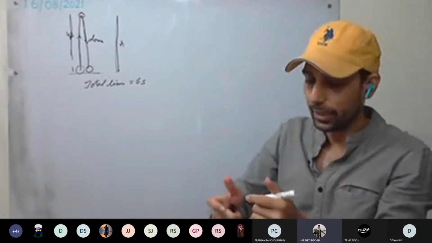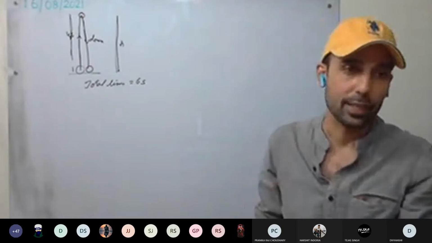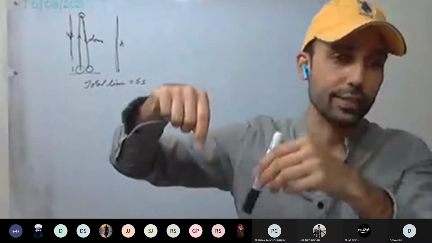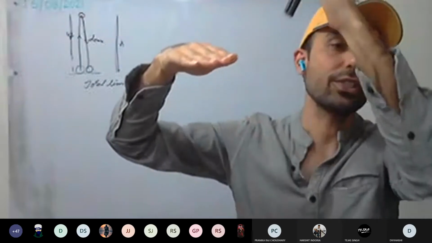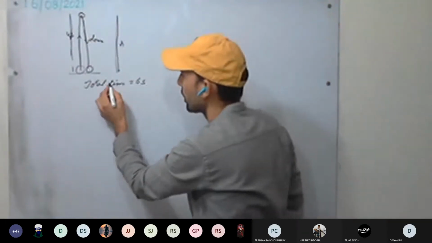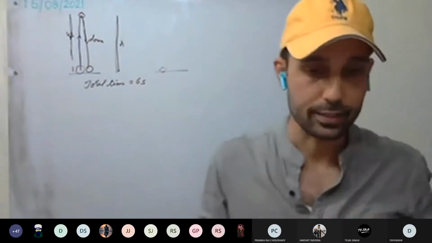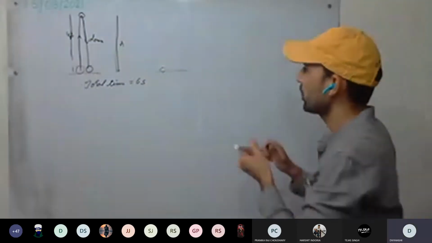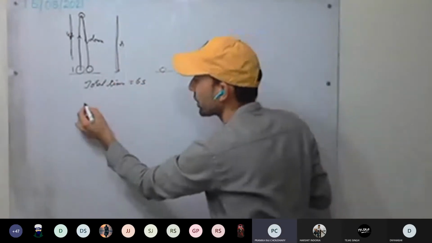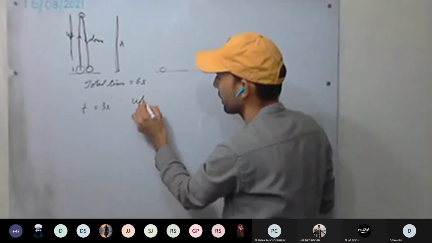Always remember, whatever time a ball takes to go up, with the same time it will come back, because acceleration due to gravity is always the same. That is, each second the change in velocity is always the same. So it will take 3 seconds. Which journey should we consider, upward or downward? Upward. Time 3 seconds. First we are taking the upward journey.